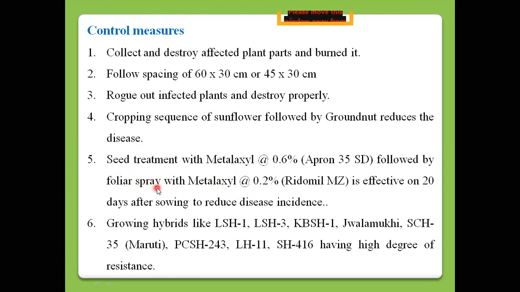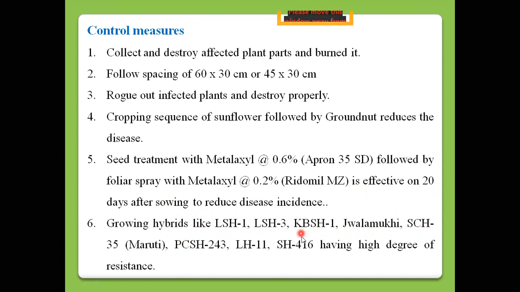Then foliar sprays are also necessary to avoid this disease in sunflower. That is Ridomil MZ at the rate of 0.2%. This fungicide is effective at 20 days after sowing, because the infection is seen at the early growth stage of the plant, that is, the seedling stage of the sunflower. Then grow resistant varieties or cultivars, that is LSH1, LSH3, KBSH1, Jalmukhi.